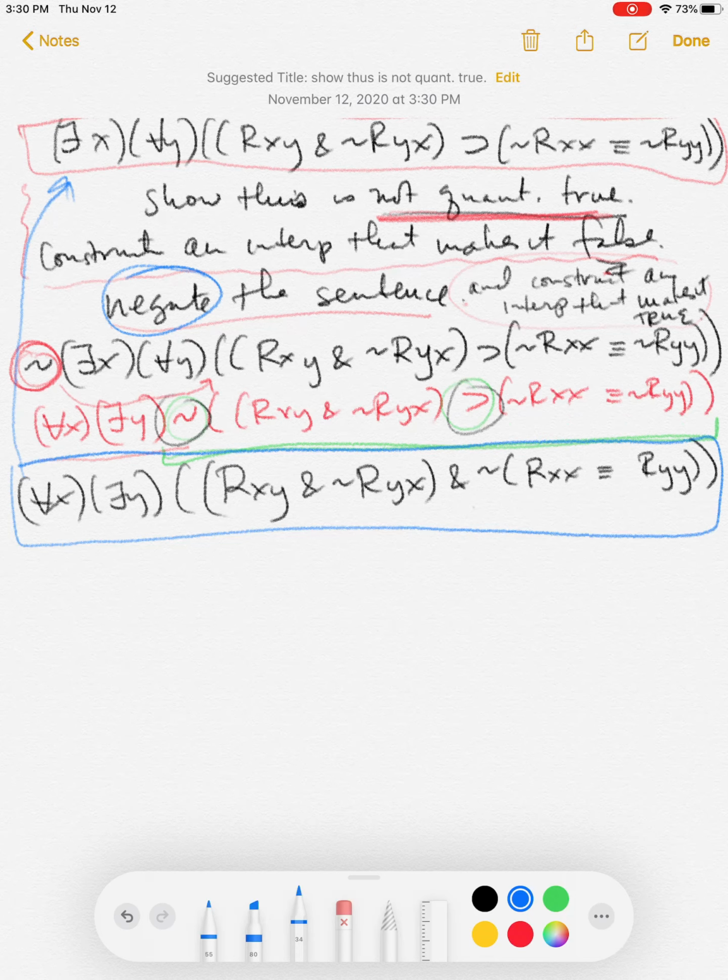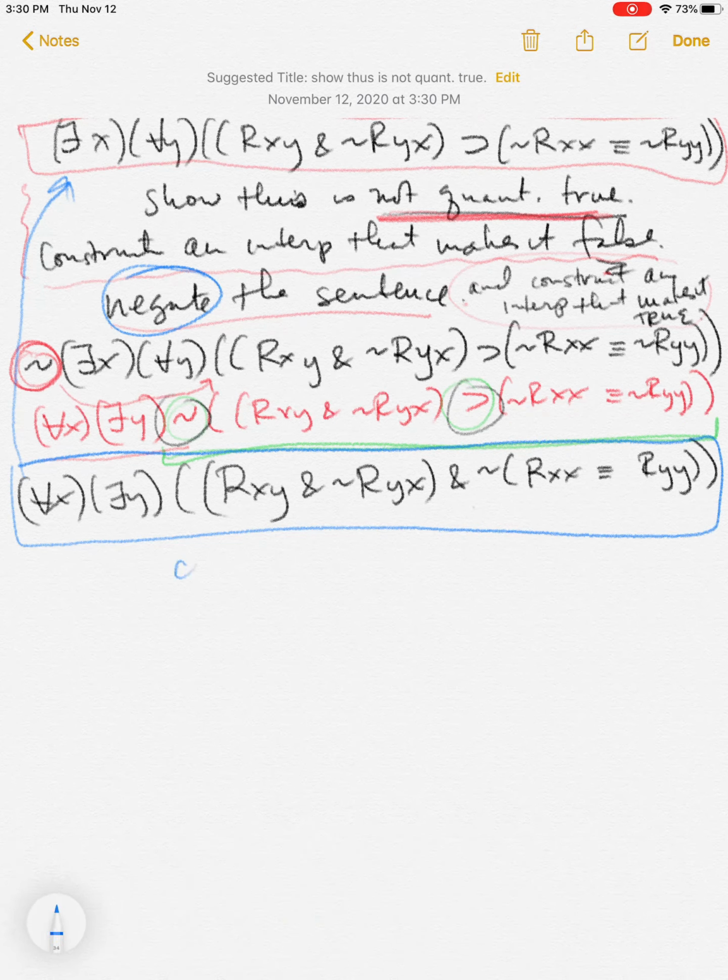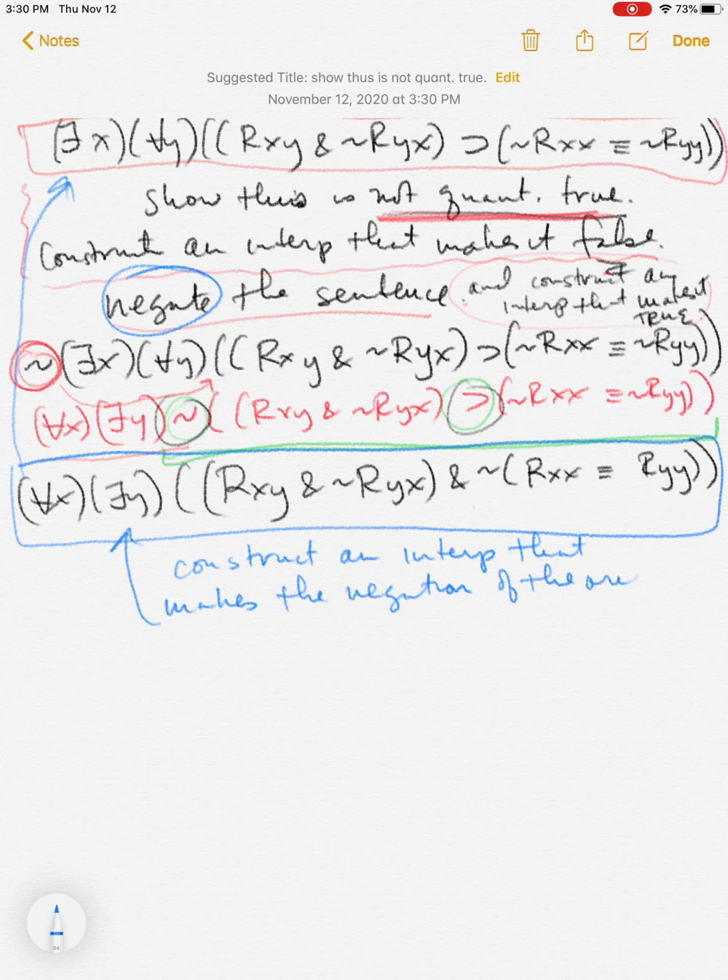So now what we want to do is to construct an interpretation that makes this sentence, the negation of the original sentence, true, thereby showing that the original sentence is not quantificationally true.